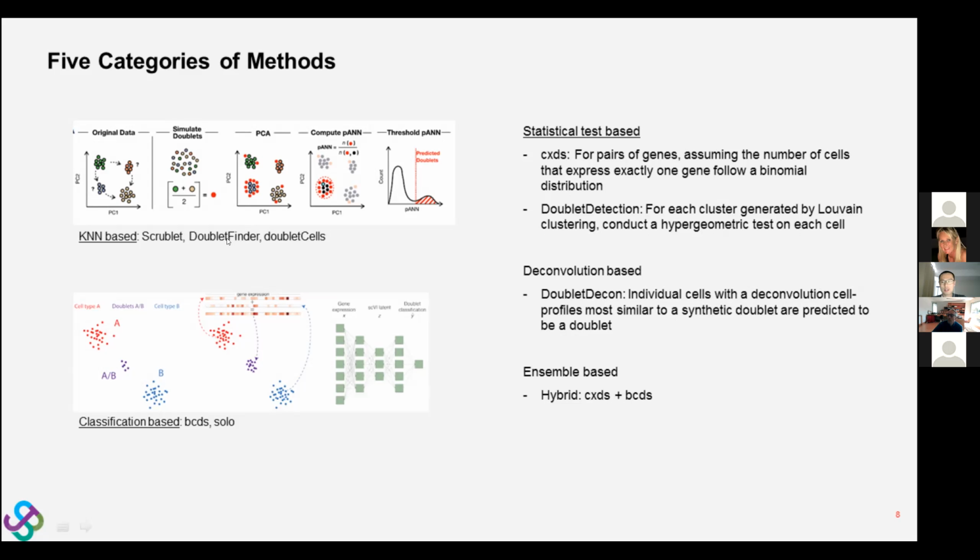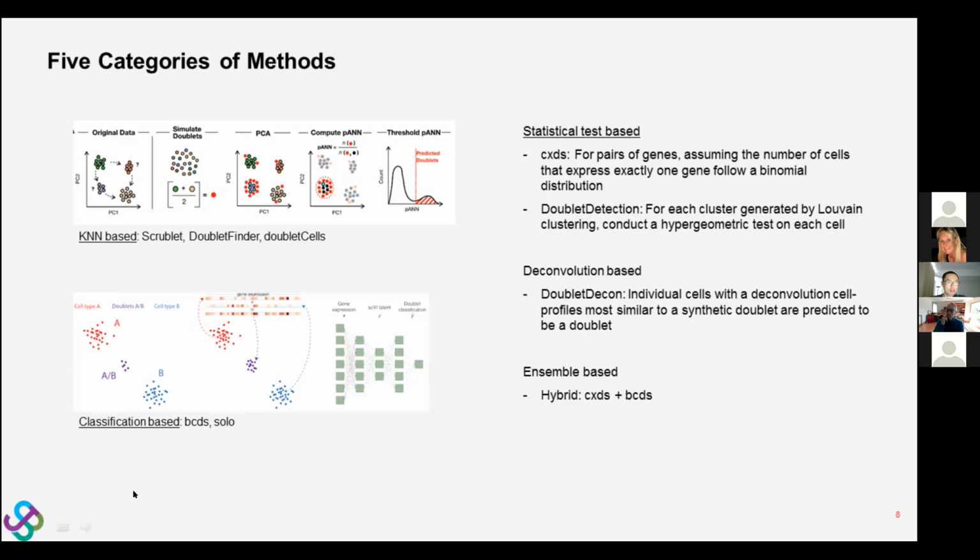The argument is that if that cell is a real doublet, then around it you should have more artificial doublets. For true singlets, you should have a small number of artificial doublets. That proportion gives you the doublet score. A higher doublet score means that cell is more likely a doublet. So that's the first kind of method.